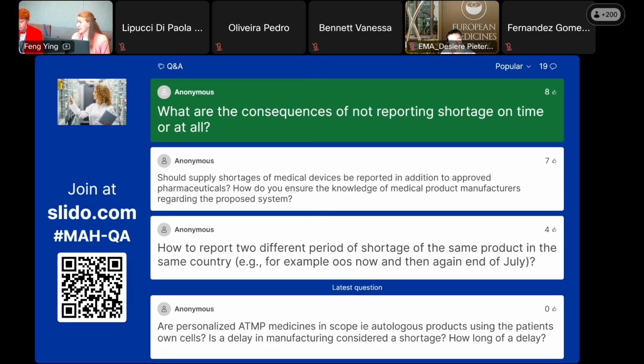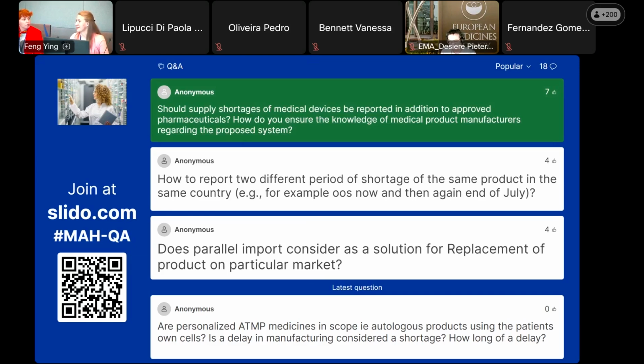Further consequences of not reporting shortages to us is also taking the chance from us to support mitigation actions or prevention actions on this, and therefore decreasing the impact on patients. So it is a collaboration that we take on shortage mitigation to have less consequences for patients on this. So thank you for the question, very important, and indeed very important that you report shortages to us at all times.